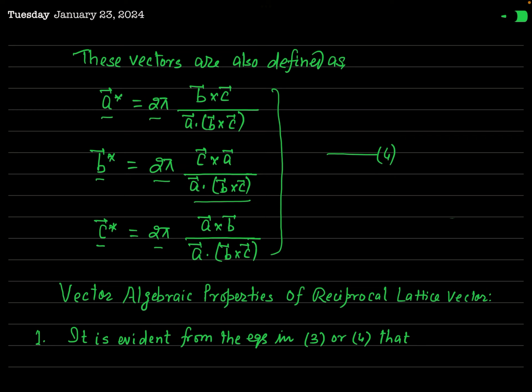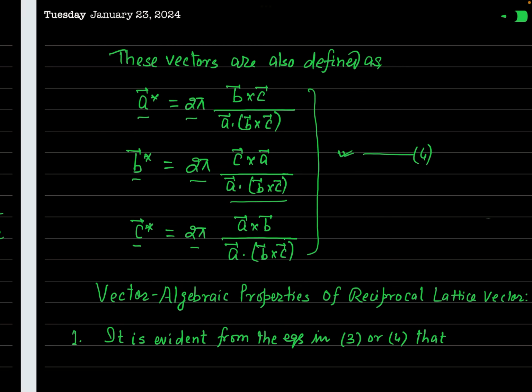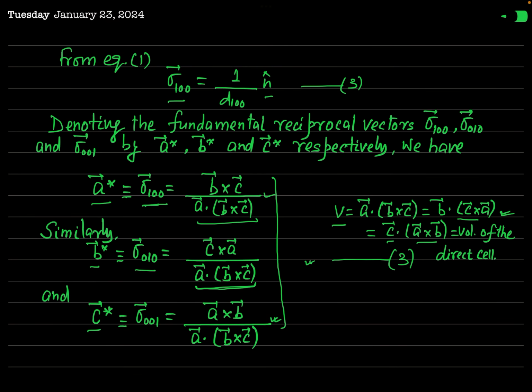Okay. Now after getting the basic concept of the reciprocal lattice vector and how the primitive translation vectors of the unit cell of a reciprocal lattice are defined, on the basis of this definition you can learn about some important vector algebraic properties of the reciprocal lattice vector. Now see the definition of the primitive translation vectors A star, B star and C star, as defined in equation 4 or equation 3.